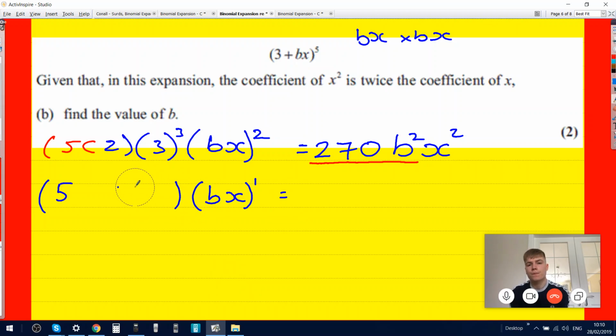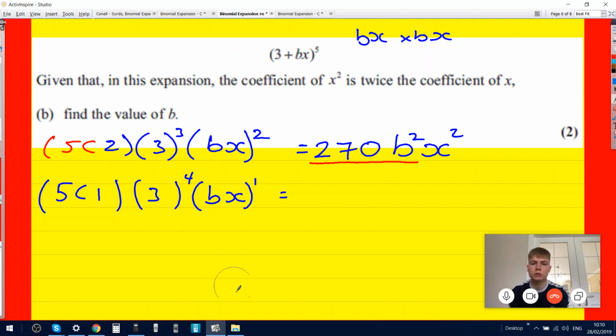Middle bit? 5C2. No. x1. 5C1. Oh, right. And then 3 to 4.